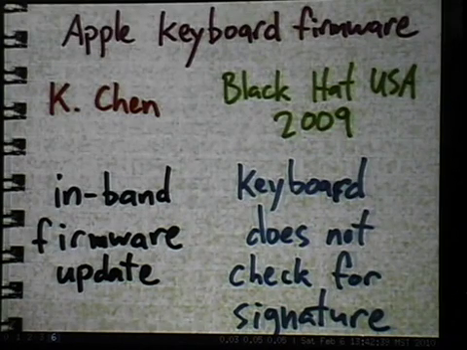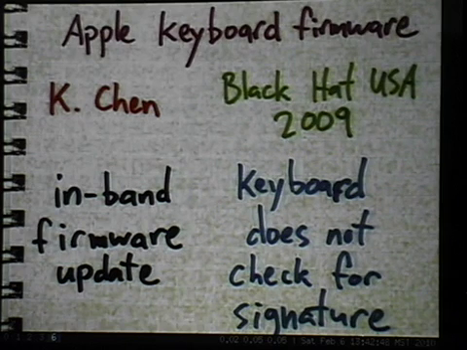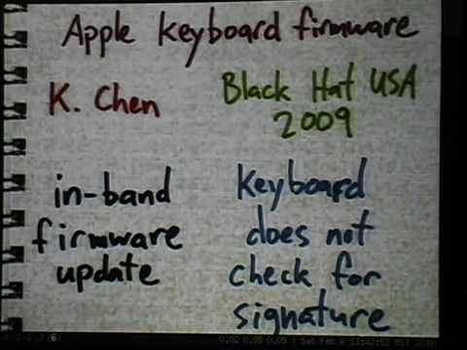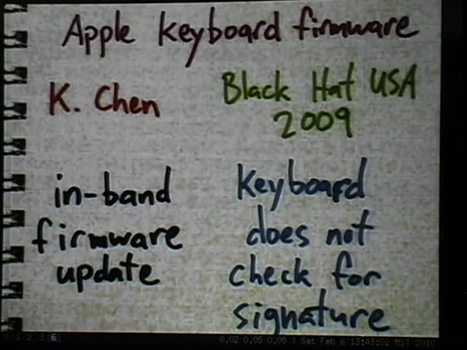Now, I'm sure a lot of you have heard about the Apple keyboard firmware attack that was demonstrated by Kei Chen at Black Hat last year, which I thought was pretty amazing. He noticed that this Apple firmware update was going over USB right to a keyboard, and that he was able to modify that firmware in the host computer before it ships over to the keyboard.